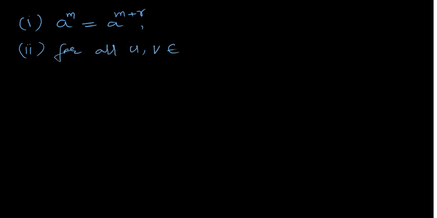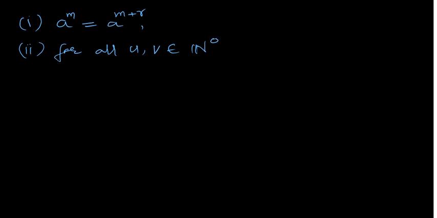So first property is A power m is equal to A power m plus r. Second property is for all u, v in N union 0, so they may be 0.